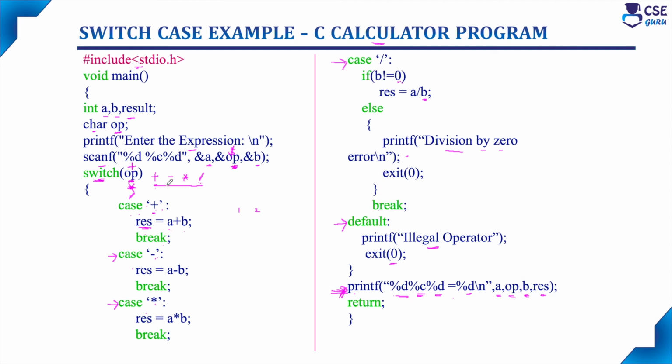If the entered operator is other than these 4 symbols, directly it will go to the default statement and print illegal operator. So according to the operator entered by the user, the switch statement will evaluate that operator and execute only the corresponding case statement.